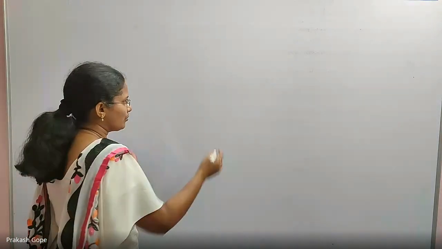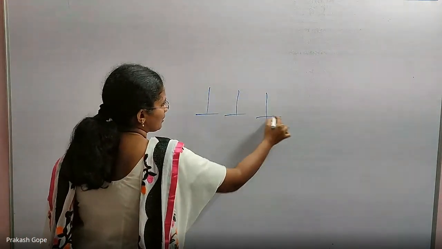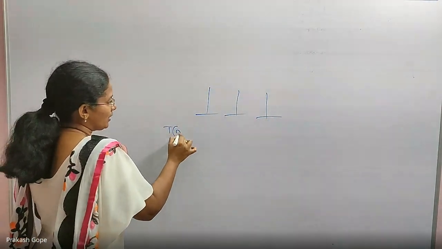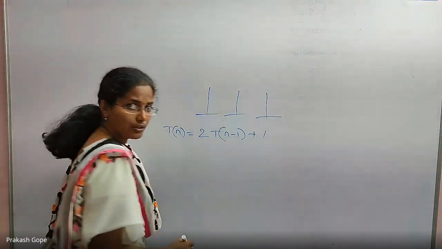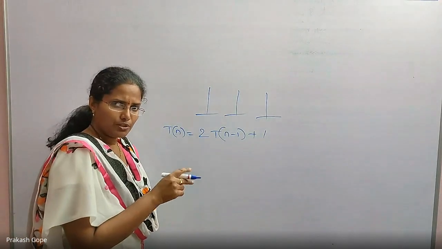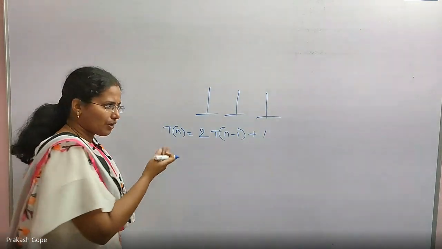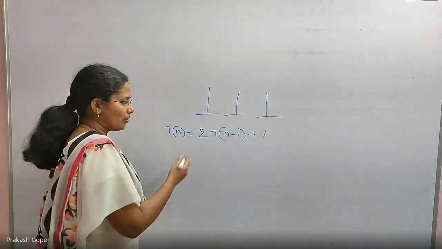How about towers of Hanoi? It is 2 power n. If you remember, we have written the recurrence relation for towers of Hanoi. If you remember, disks. I said T of n is 2 times T of n minus 1 plus 1. There is a GATE question to write the recurrence relation for towers of Hanoi, and we solved it in asymptotic notations.